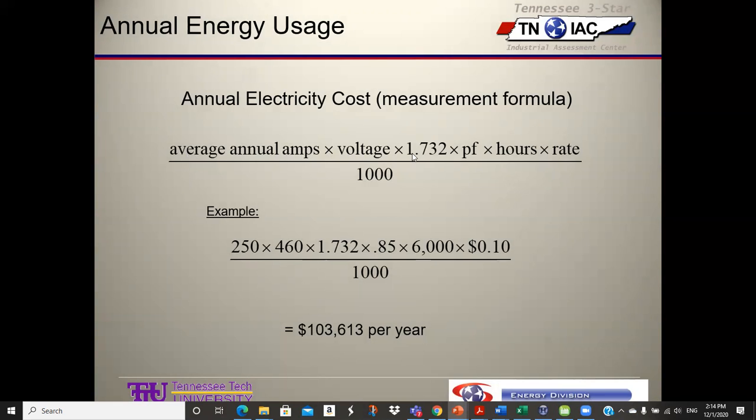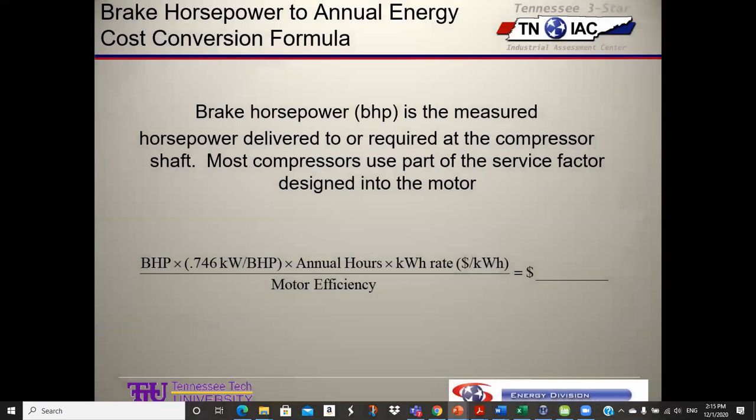This would be RMS times the square root of 3, times power factor, times the number of hours, times the rate, that would be dollars per kilowatt hour, and then divide by 1,000 to convert from watts to kW. Here's a little example of 250 amps, 460 volts, square root of 3, 0.85 power factor, 6,000 hours, and 10-cent power. Almost $104,000 a year. Gets into real money pretty quick.